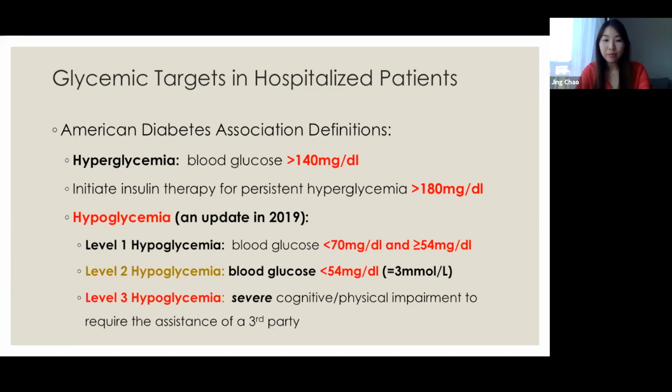And level 3 hypoglycemia is the one that we really earnestly try to avoid, which is defined by having severe cognitive or physical impairment in the setting of a true hypoglycemic episode, regardless of what that blood glucose reading is. And that results in requiring assistance of a third party to treat the hypoglycemia. So that's level 3 hypoglycemia for you.